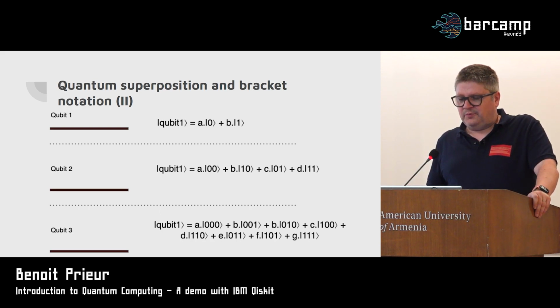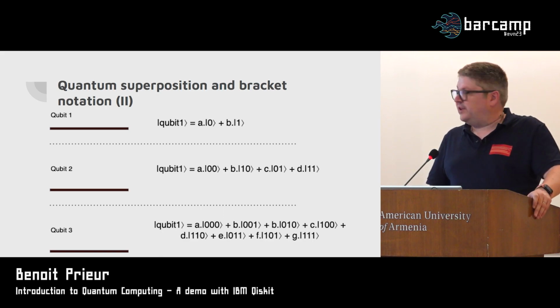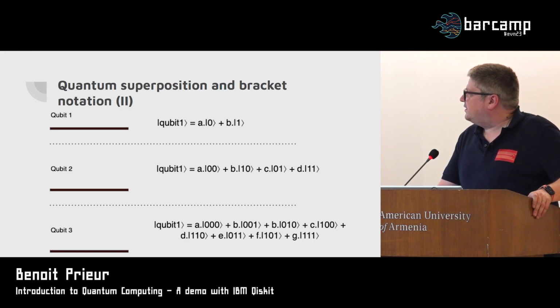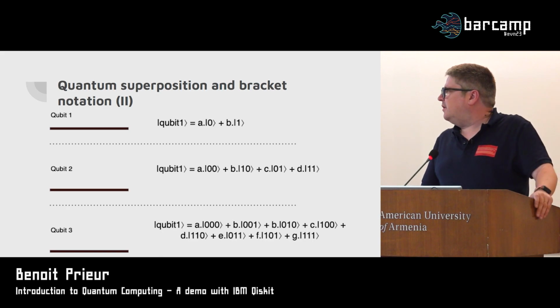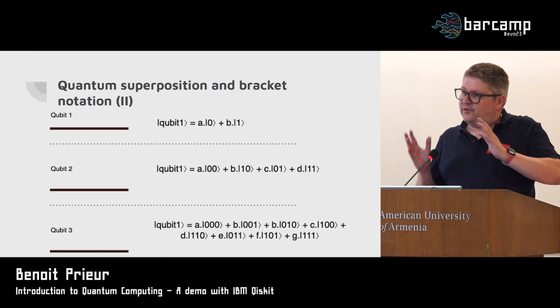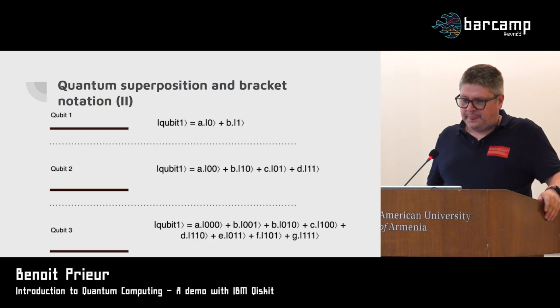So the quantum state with only one qubit, look only at this line, not that one. When I have one qubit, I have a probability A to have the state 0 plus a probability B to have the state 1. Plus here symbolizes the superposition. We have the two states at the same time.